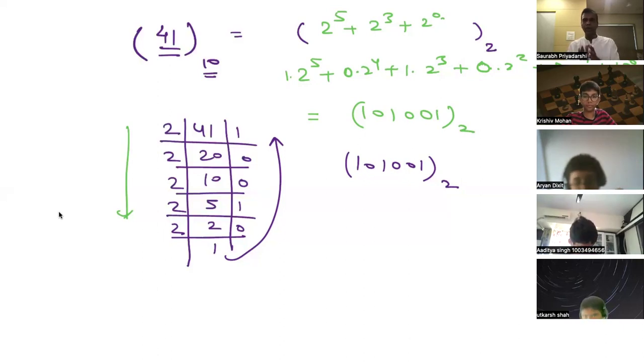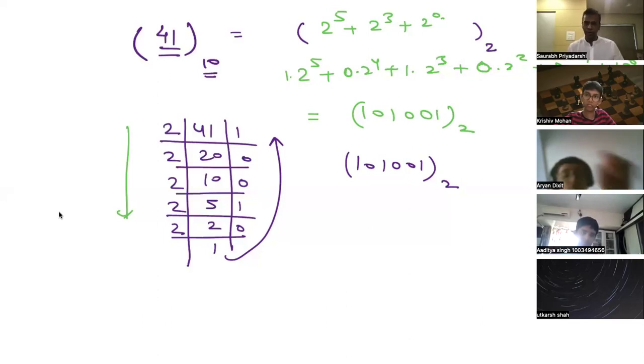So this is the basic base 2. But we have to go till base 16, and then we have to convert from one base to another. A lot of things we have to do, and 100% one question in IOQM comes from this area.